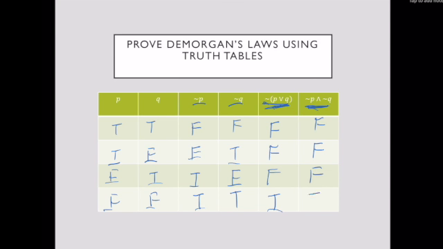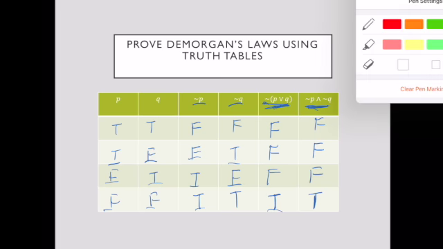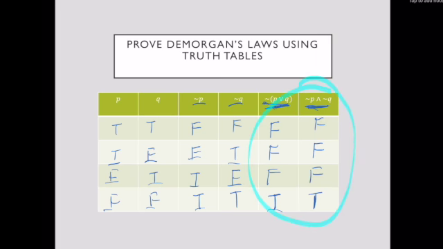False and true, that's false. True and false, that's false. And true and true, that's true. Because both of these columns, right here, have the same truth values of false, false, false, true, we would say that these are logically equivalent. Okay, and thus we proved De Morgan's law.